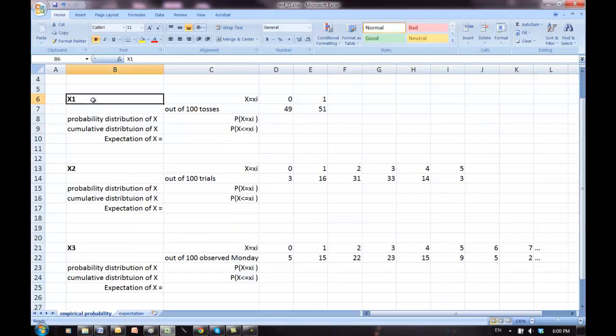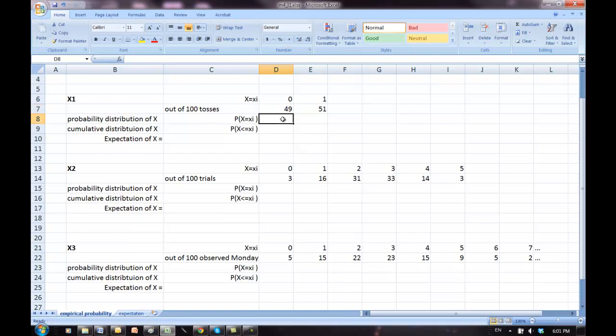So now x1 is the coin toss variable we defined earlier: 0 indicating a tail, 1 indicating a head. Suppose we conduct an experiment by tossing the same coin 100 times. Out of the 100 tosses, we get tail 49 times and heads 51 times.